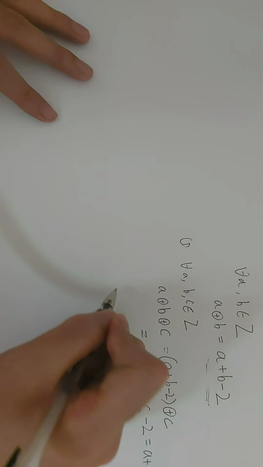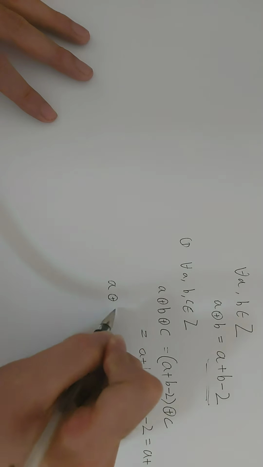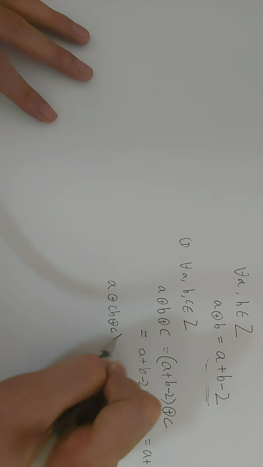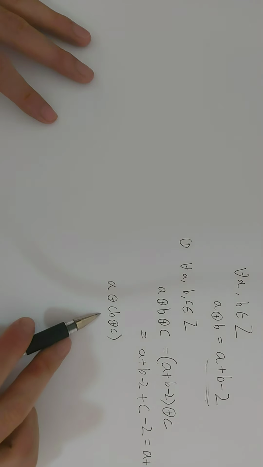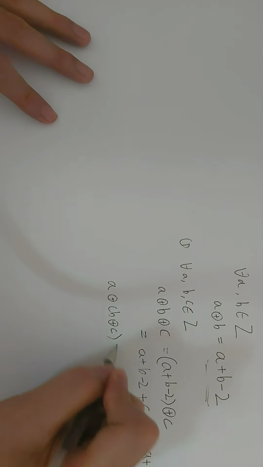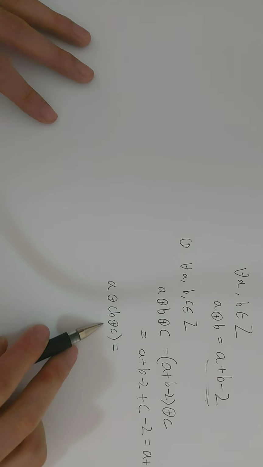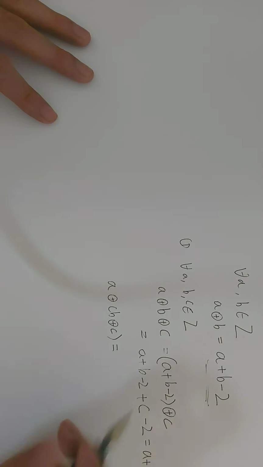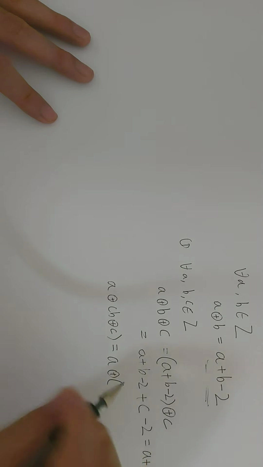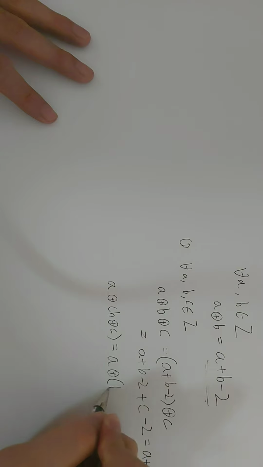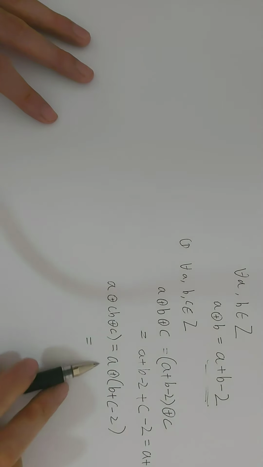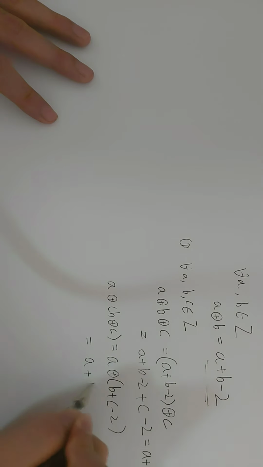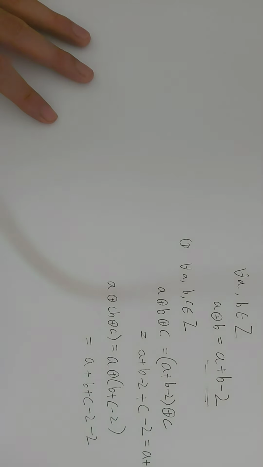The next step, we should work out the other side. First we calculate B special plus C, which equals B plus C minus 2. Then A special plus (B special plus C) equals A plus B plus C minus 2 and minus 2.